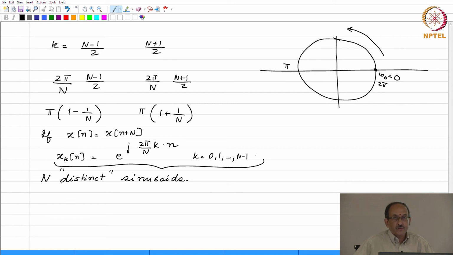Whereas, in the continuous time case, you have e to the j k omega naught t, this is the counterpart there, and then you let k be in the range minus infinity to plus infinity, okay. So, these are harmonic sinusoids in the continuous time case. You have a countably infinite set and all of them are periodic.